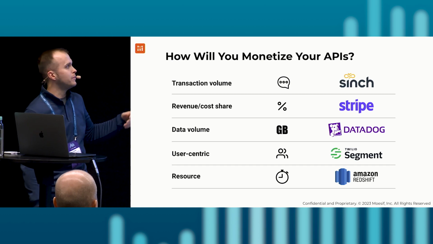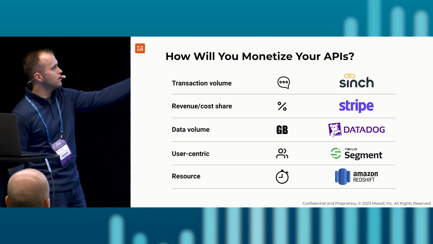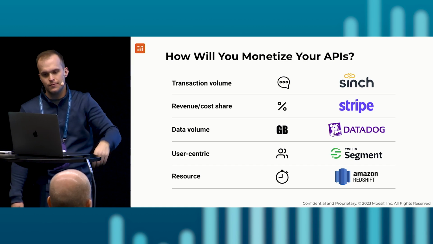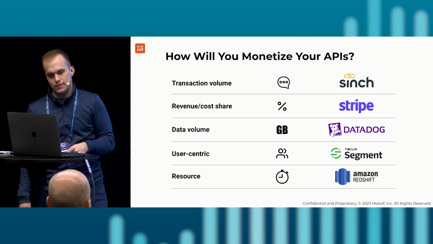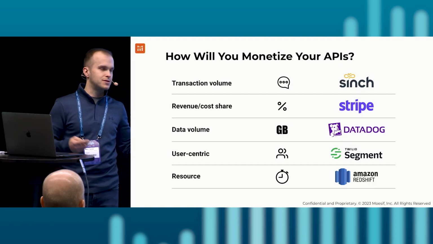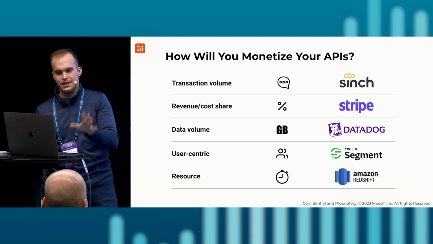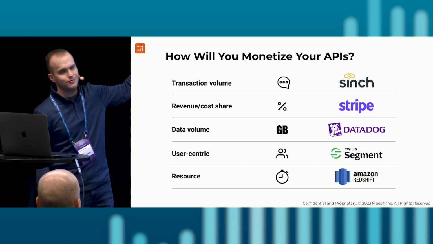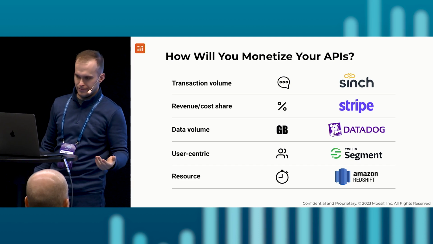Stripe might do it based on revenue or cost share, so they're going to charge on a percentage. Datadog is data volume. Segment is going to charge based on users. And then lastly, something like Redshift is going to charge on resources that have been used. The easiest one is transaction volume. The rest of them are quite a bit more complex to implement.